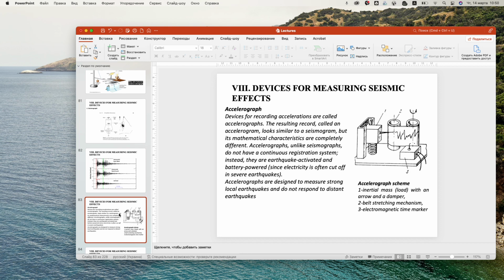So the seismic force in this stud is equal to the mass of this ball multiplied by the acceleration which I give to this element, and the same situation applies to this element.